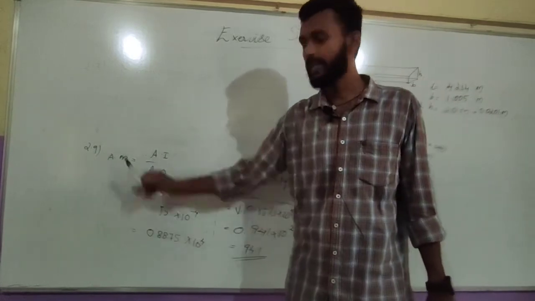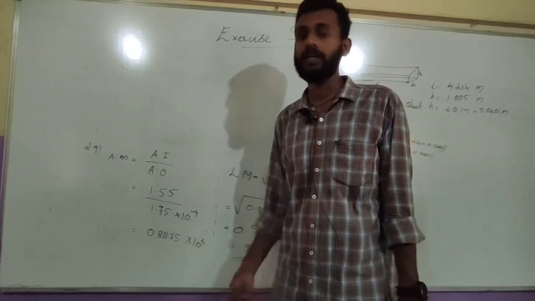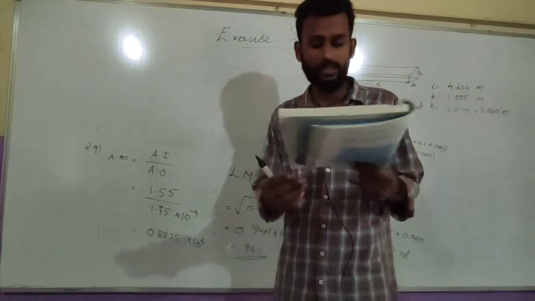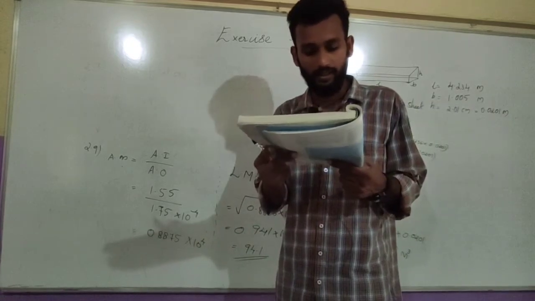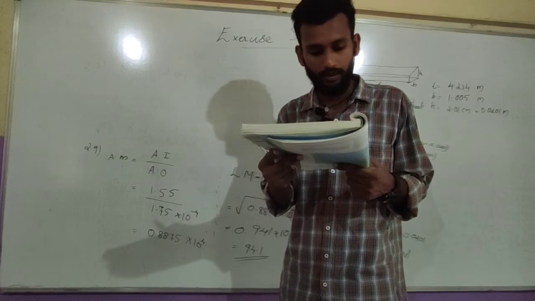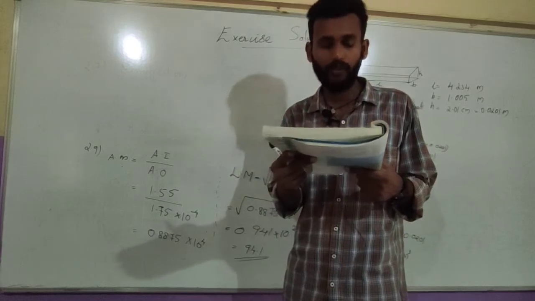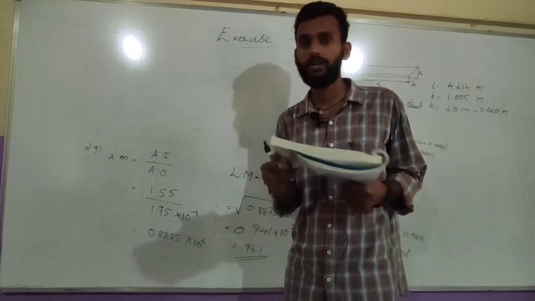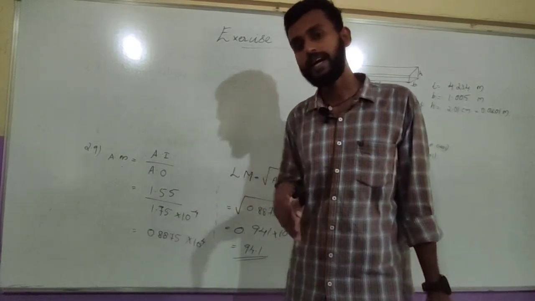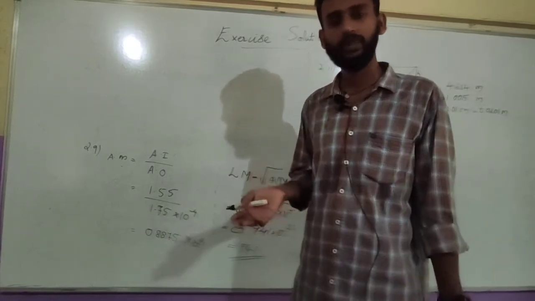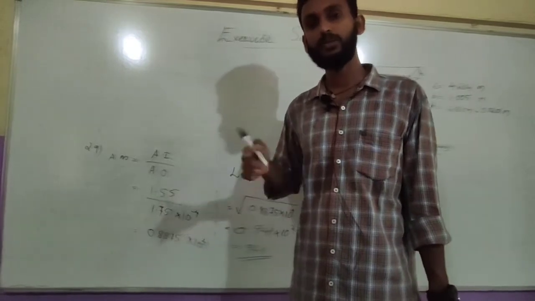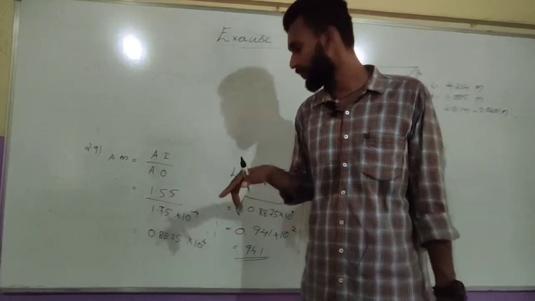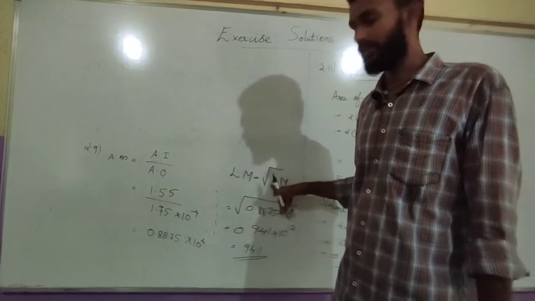Now it is actually the aerial magnification. In your question it is asked to find the linear magnification of the projector screen arrangement. So if you have the aerial magnification and you need the linear magnification, you should take the square root of the aerial magnification.